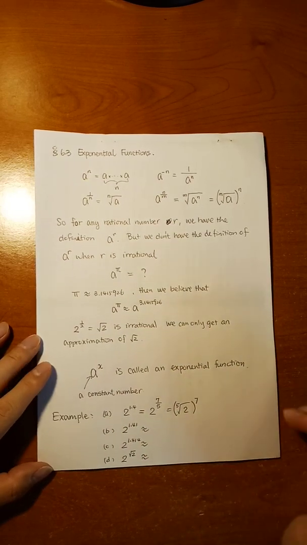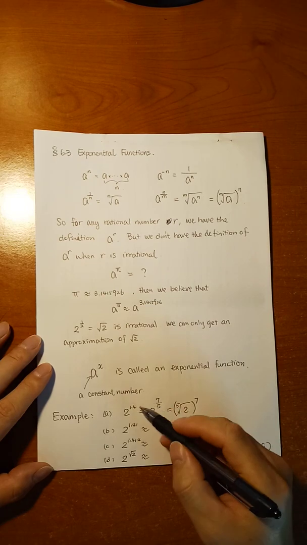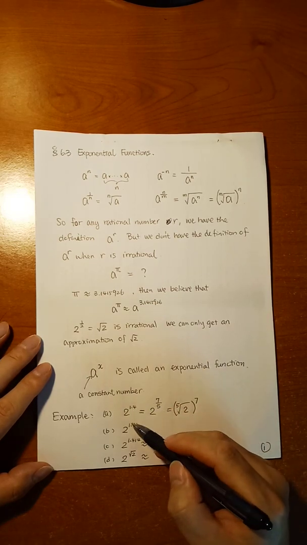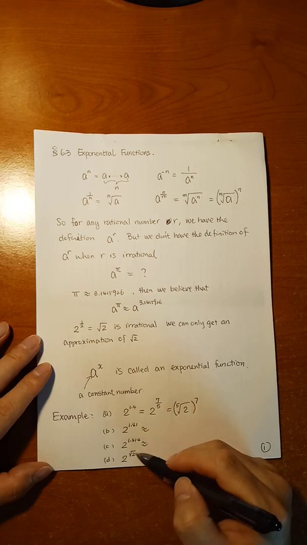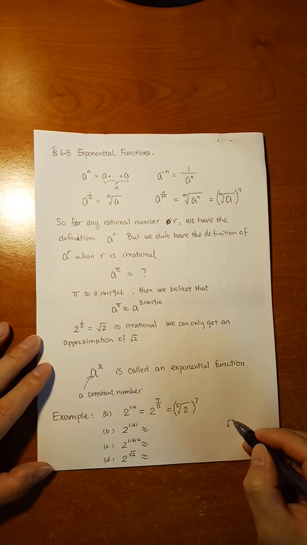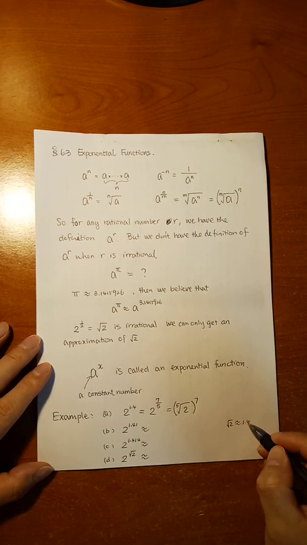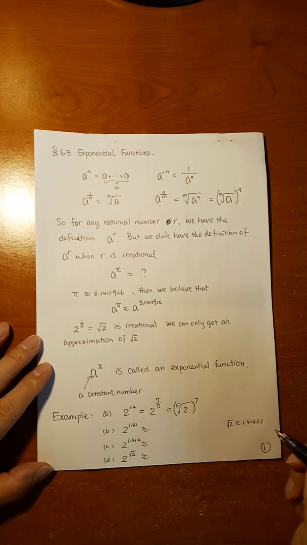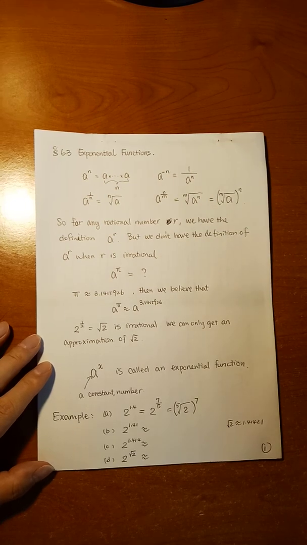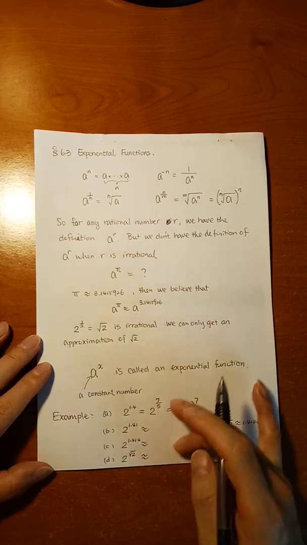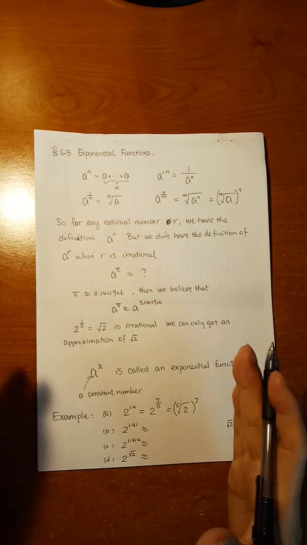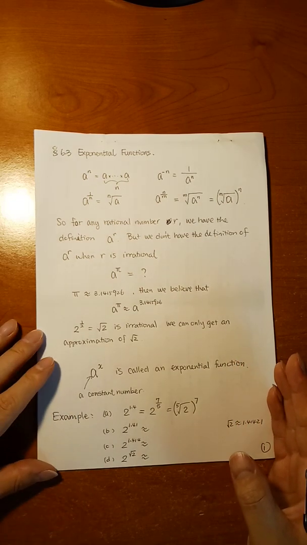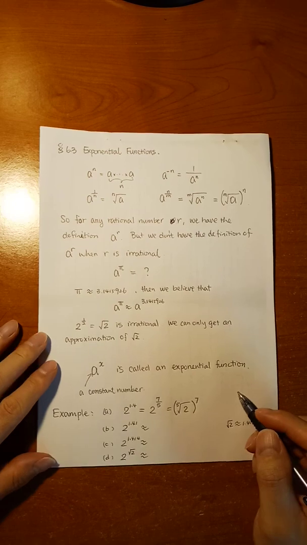They are all irrationals. And we choose this sequence because 1.4, 1.41, 1.414 are approximations of the square root of 2. The square root of 2 is approximately 1.41421 and so on. So you can do this approximation. You will see from the calculator they become closer and closer.